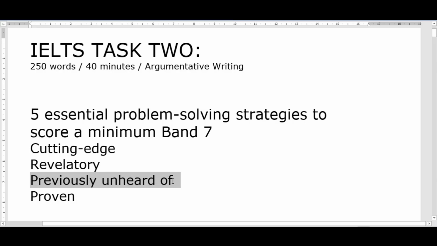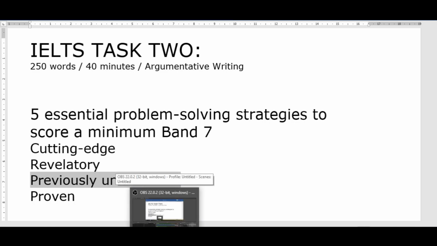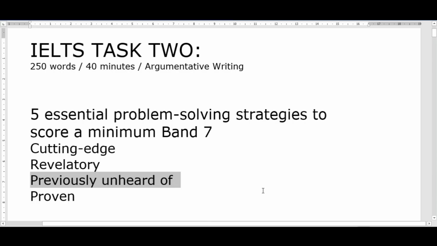This is really a product of research, and the reason why we had to go into the research to begin with is because we haven't seen them anywhere. These strategies haven't been discussed in any of the videos that you've seen on YouTube or in any other internet site or any other material that you may have read about the IELTS.